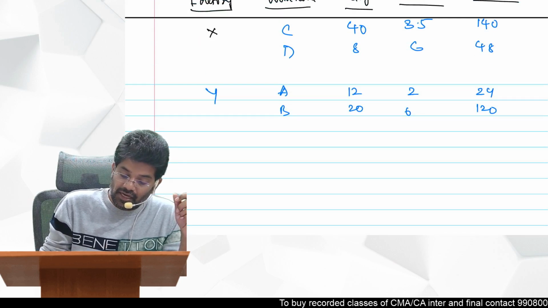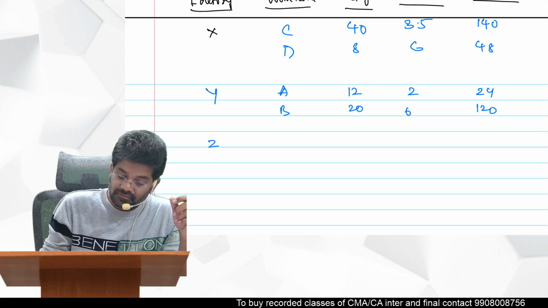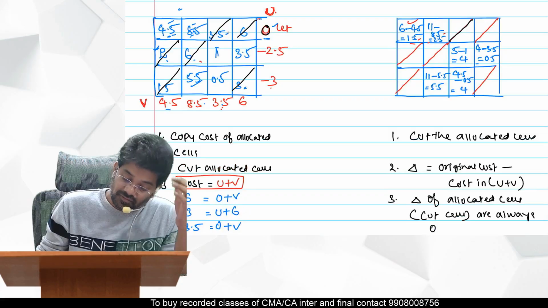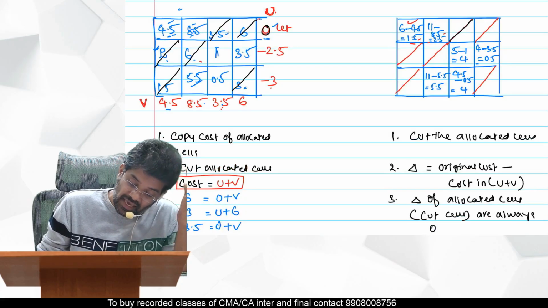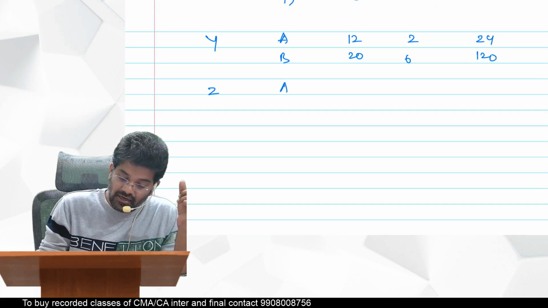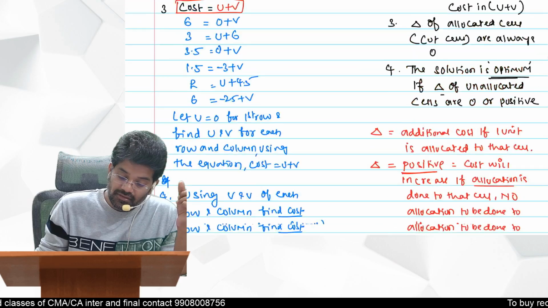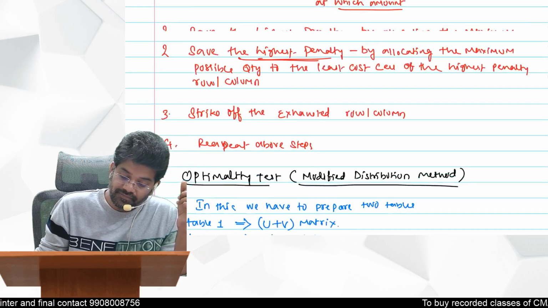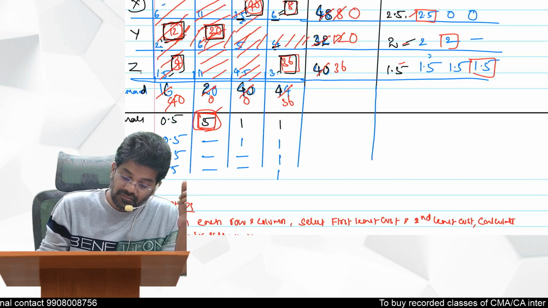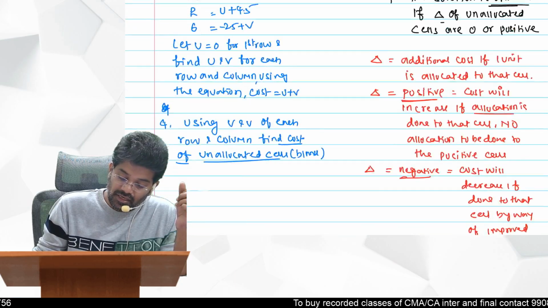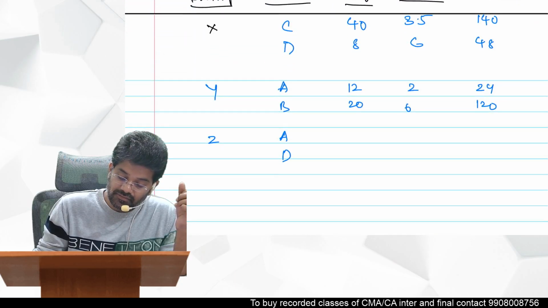Then factory Z. Factory Z allocation is done to A and D. A is 4 and D is 36.